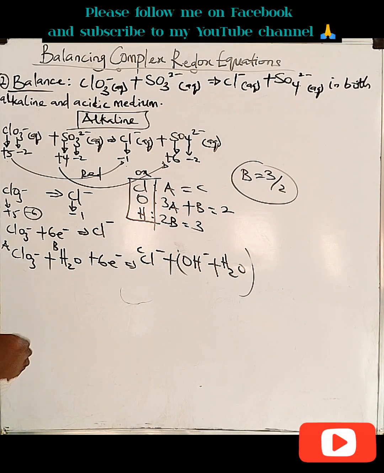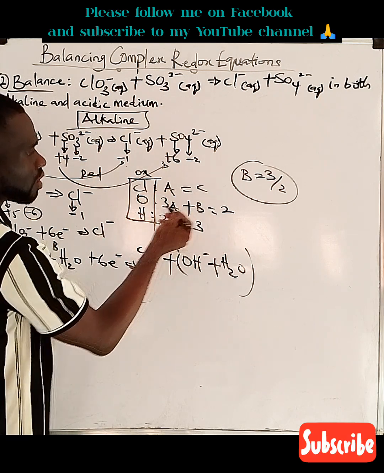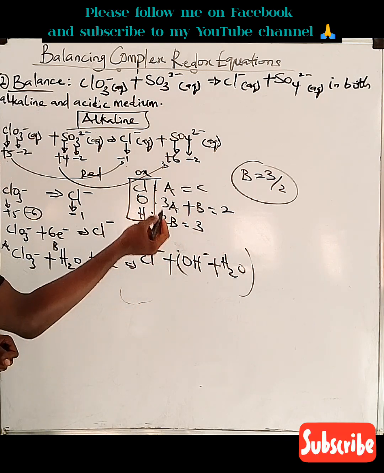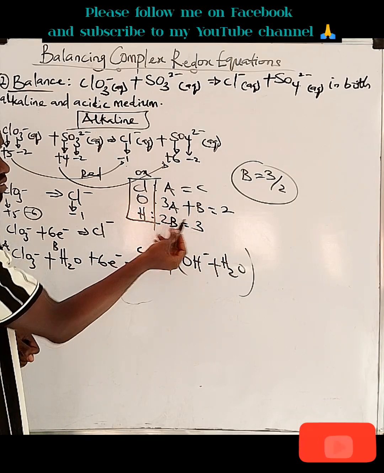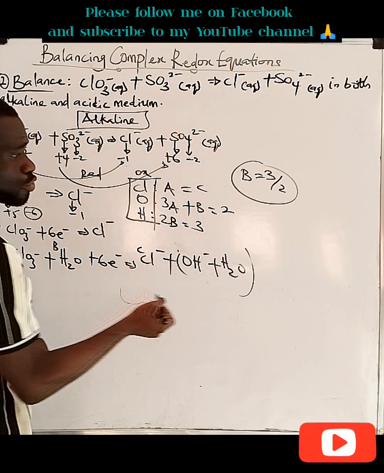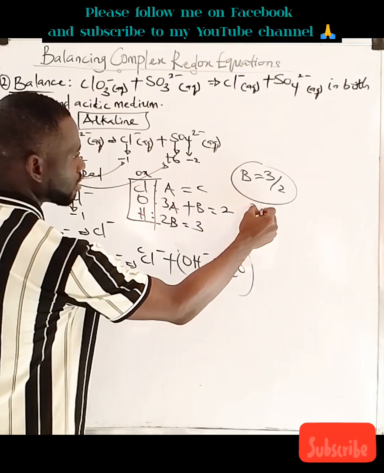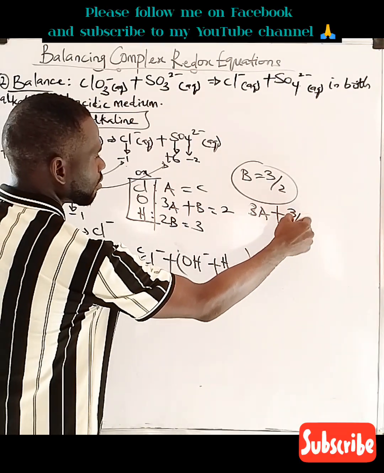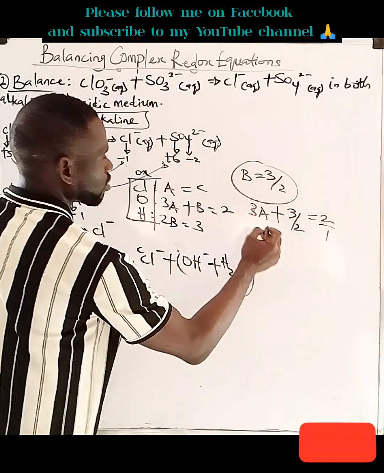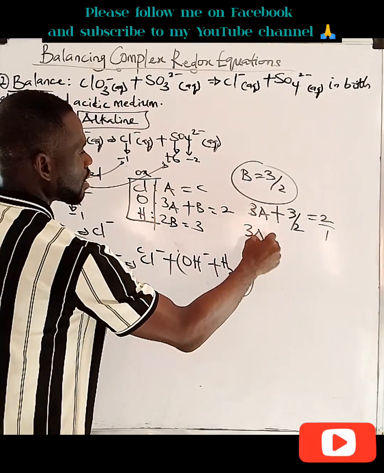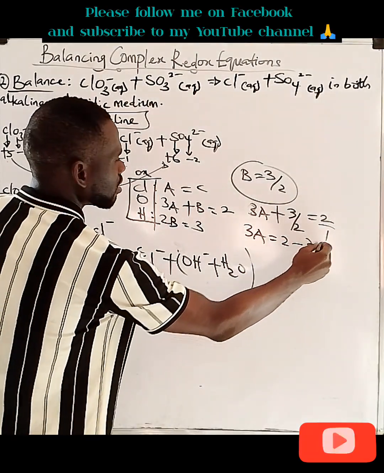So if B is 3 over 2, don't forget A is equal to C. So if A is equal to C, whatever A is, it's also going to be the same thing. So we can easily get the value of A from this very equation too. So we have 3A plus 3 over 2 equals to 2. So we're going to collect our like terms. So send this to the other side. 3A is equal to 2 minus 3 over 2.